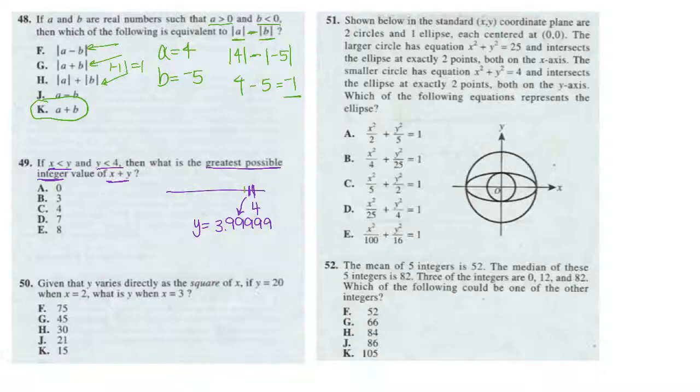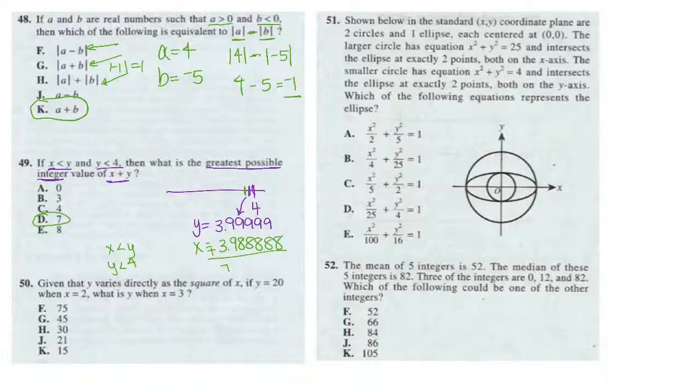So I'm going to kind of butt up against that and say, well, I want X to be 3.98, repeating. So I see that X is indeed less than Y, and Y is less than 4. But if I add those two together, I'm going to be pretty darn close to 7, aren't I? So that's going to be answer choice D.